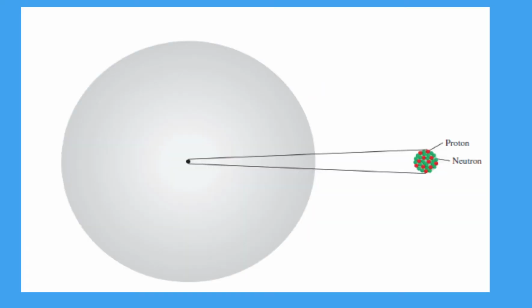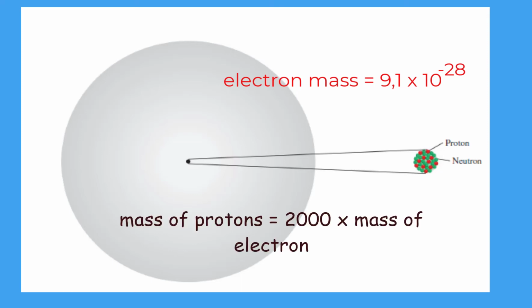Here the picture shows how we came to know about Chadwick finding the neutron. Electron mass is only 9.1 times 10 to the power of minus 28, which is very small compared to the proton, which is about 2000 times the electron mass.